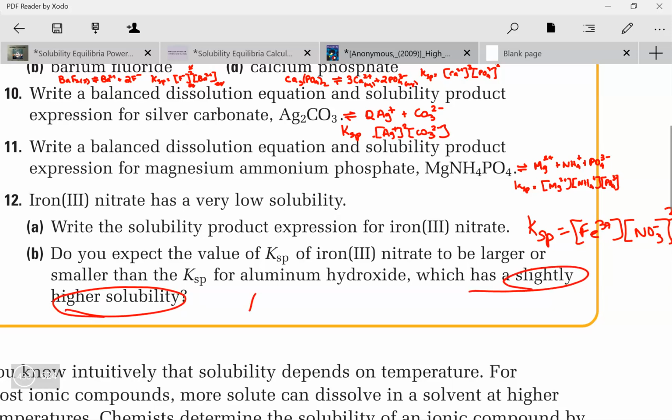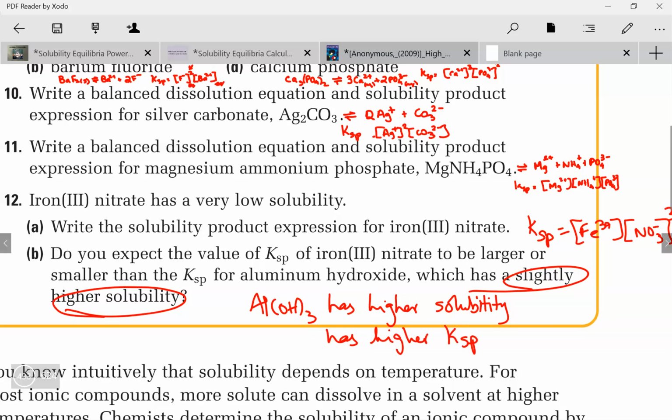So aluminum hydroxide has higher solubility, and therefore it also has a higher KSP value. So I expect the KSP of iron nitrate to be smaller than the KSP for aluminum hydroxide.